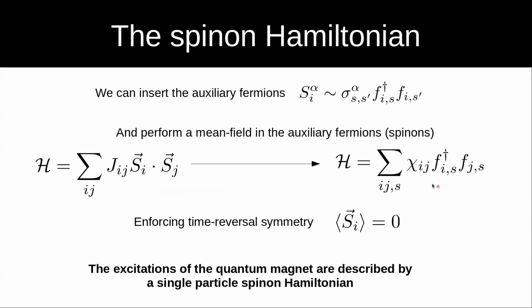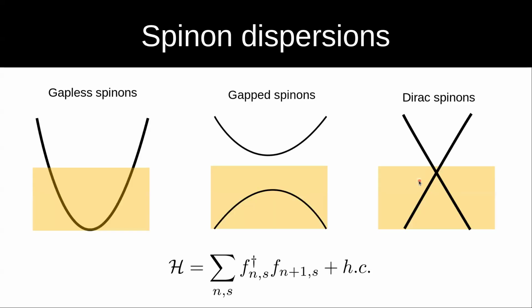What is important to note is that these parameters over here depend on the exchange couplings, and they need to be, of course, determined in a self-consistent way as they come from a mean field. But for our purpose, we can just think that there are different potential types of spinon Hamiltonians, or different potential types of dispersions for these spinons.